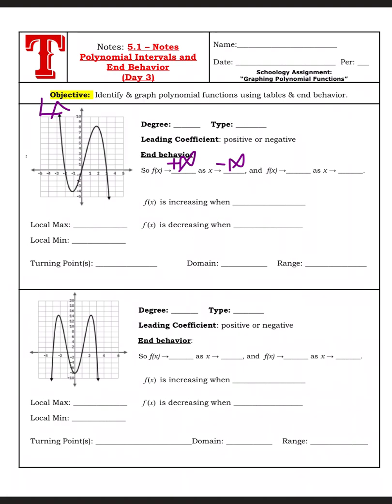So left on our x-axis is negative infinity. All right, so looking at the other end of this, as our x values are getting bigger, we're going to a positive infinity. Our y values are tanking. They are getting smaller. They're going to a negative infinity.